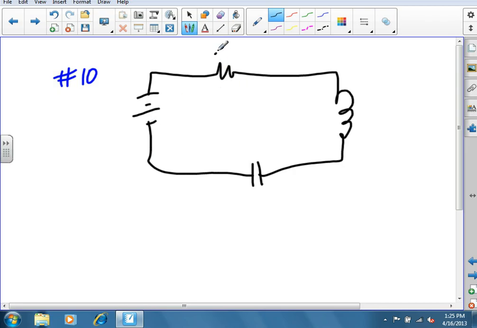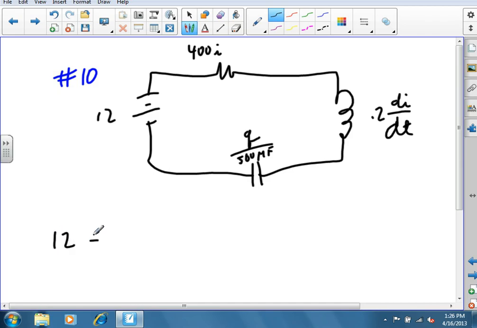So I've got IR, or 400 I, for the voltage across this guy, and I've got 0.2 di/dt across that guy, and I've got Q divided by 500 microfarads for that guy. And this guy's 12.